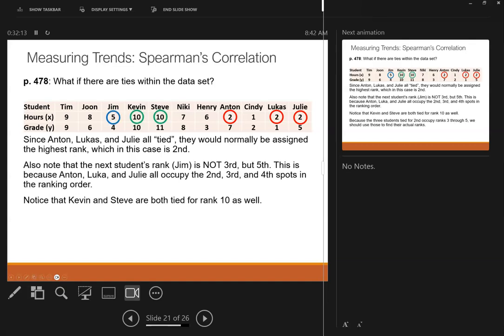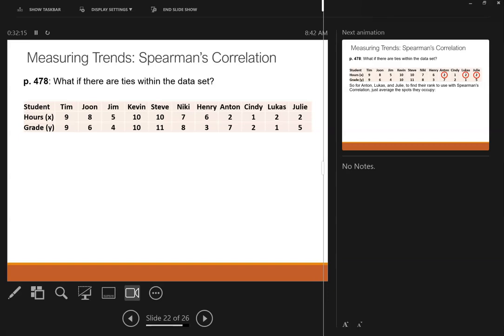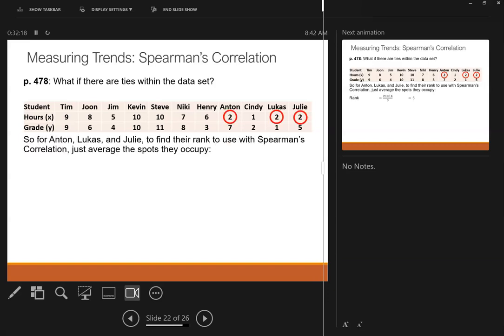So this is just what we've talked through. So we've got their ranks. Okay, so this is our ordering, right? But for these 3 values, we're not actually going to use the number 2, because these 3 values are occupying places 2, 3, and 4.